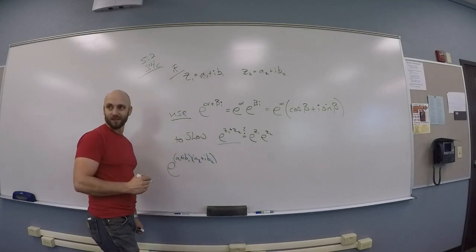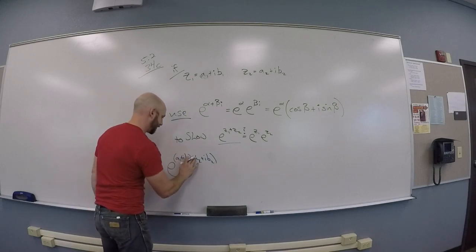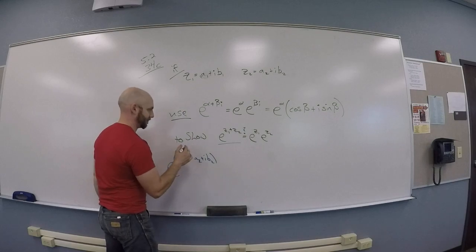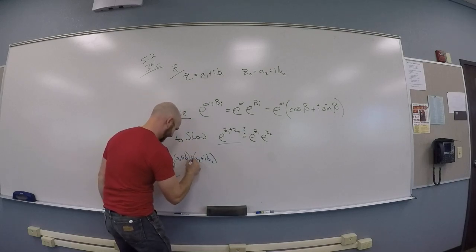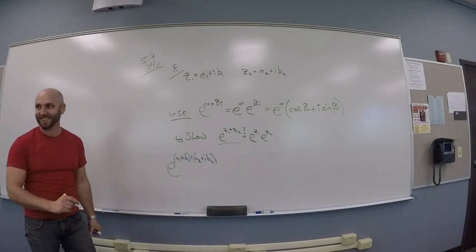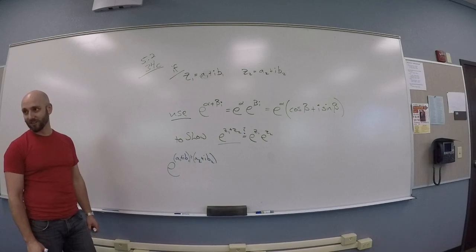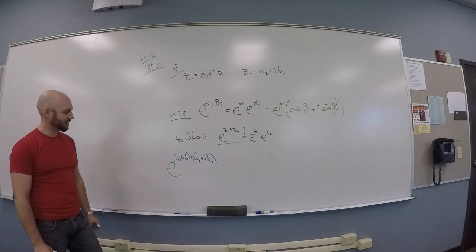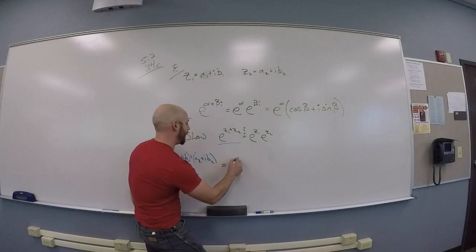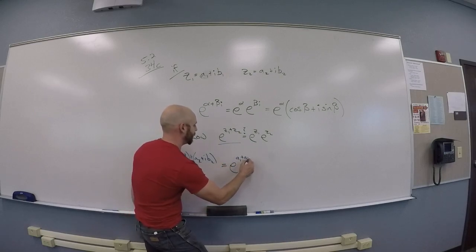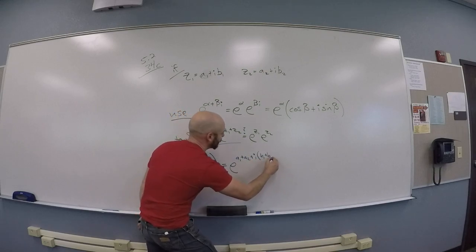That's part E, E for Euler. Then you're going to try to fit this into Euler's, and you'll get e to the a1 plus a2 plus i times b1 plus b2.